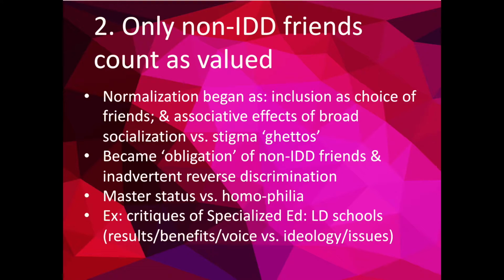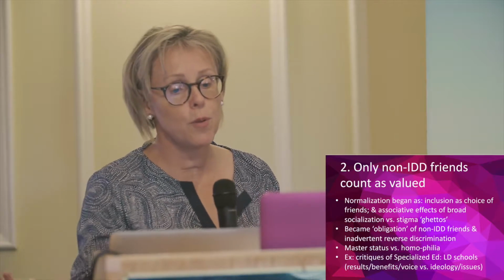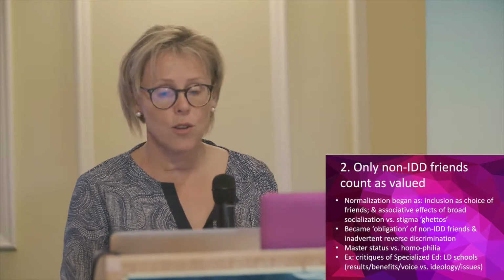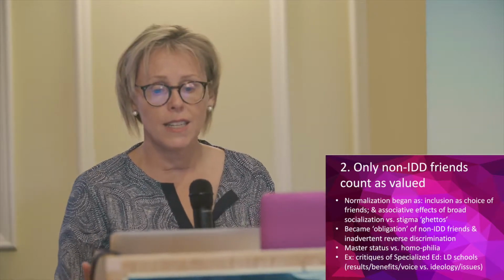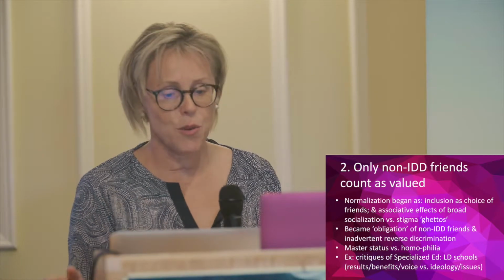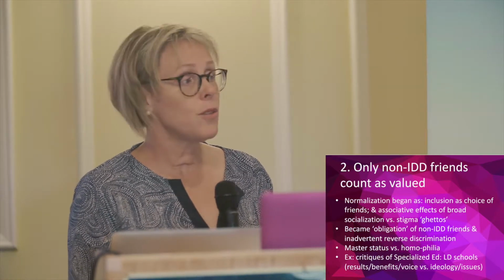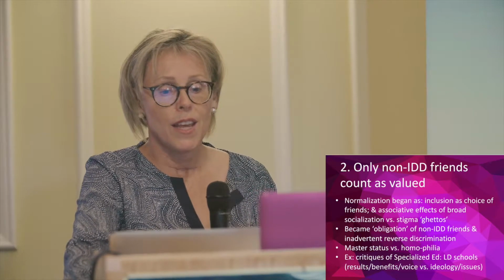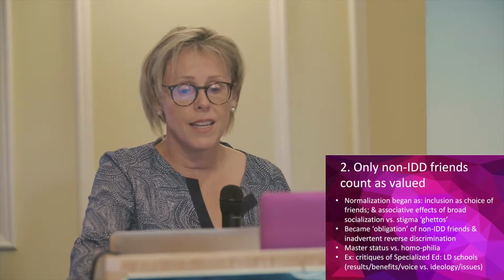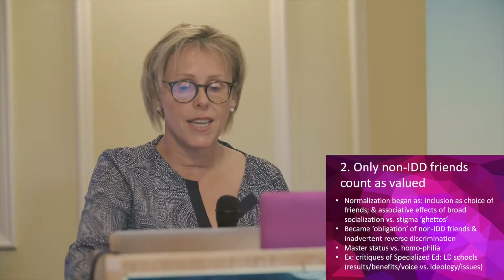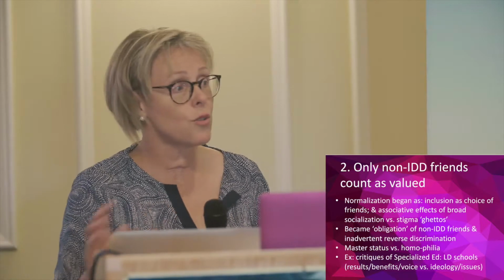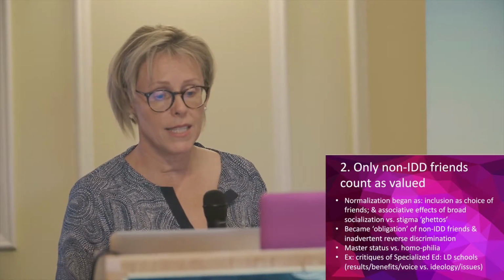Okay, number 2, the best friends for people with developmental disability to have are people without a developmental disability. This is a second story that echoes normalization principles and suggesting that the gold standards of successful inclusion is when people with disabilities develop friendships with non-labeled people. The logic, though not always explicit, is probably a considerate attempt to avoid the associative effects of socializing and stigmatization.